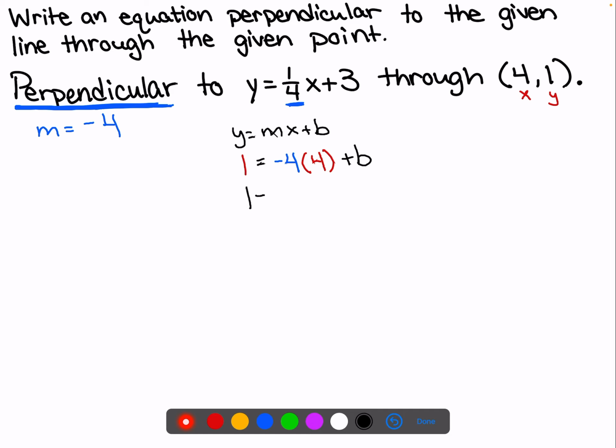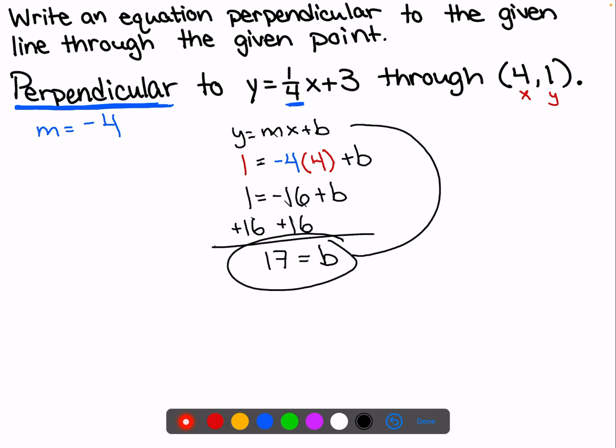So that gives me 1 is equal to negative 16 plus b. I add 16 to both sides, and we get b is equal to 17. From here, I just plug this back in, along with my slope, and we have our answer as y is equal to negative 4 times x plus 17.